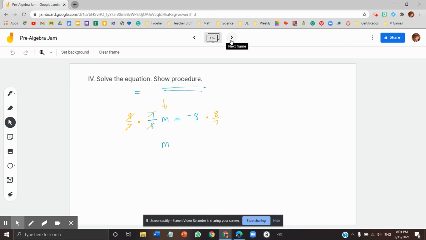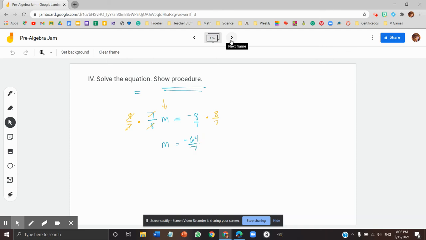So 1 times m is just m. On the other side, I'm going to make this a fraction so it will be easier. I cannot simplify anything there, so I'm just going to multiply 8 times 8, 64, and again it's negative. And 1 times 7 is 7.